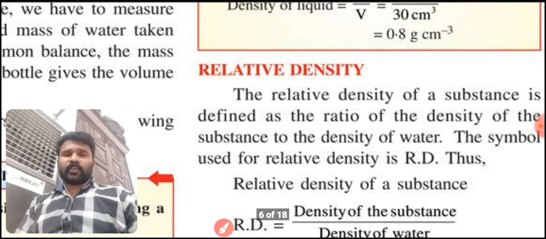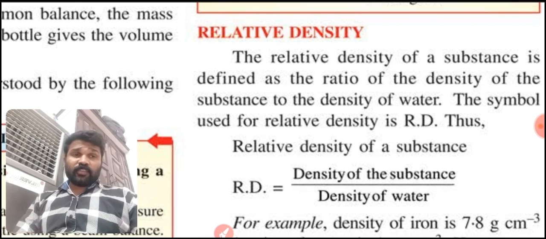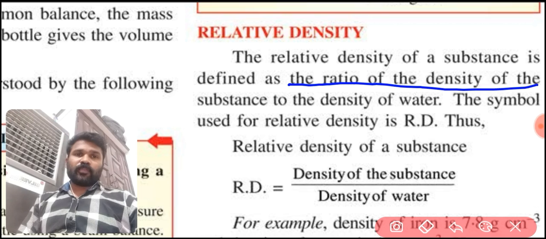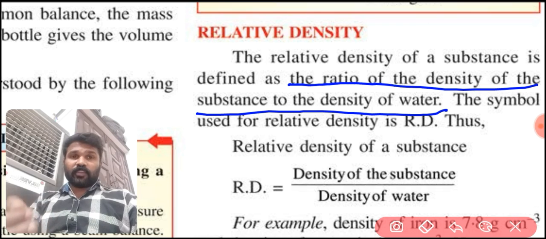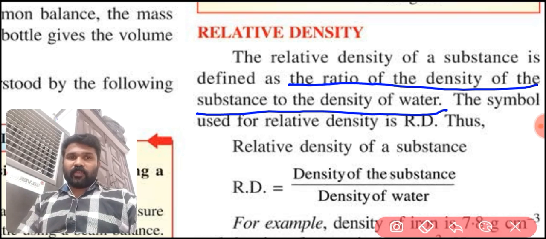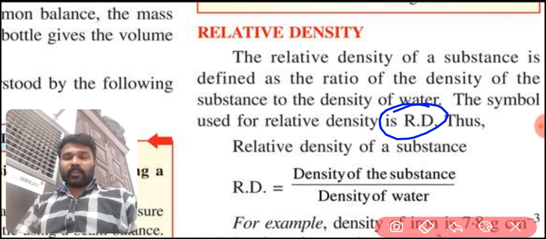Now we are going to discuss relative density. The relative density of a substance is defined as the ratio of the density of the substance to the density of water. The symbol used for relative density is RD.